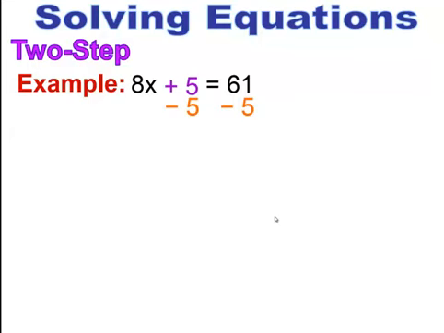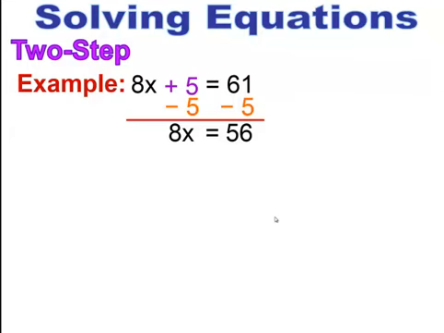And whatever you do to one side of the equal sign, make sure you do it to the other side. So what's going to be left here after I subtract the 5 is that 8x will come down. The plus 5 minus 5 cancels off. My equals comes down, and then I do the arithmetic. 61 minus 5 will equal 56.